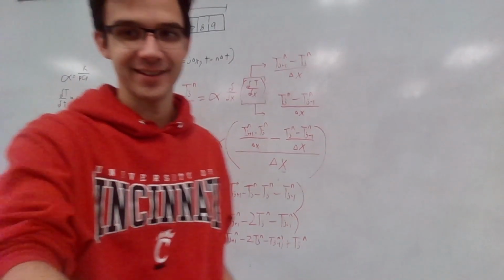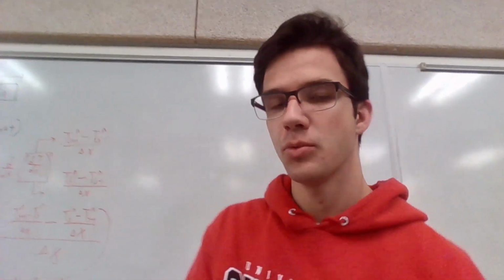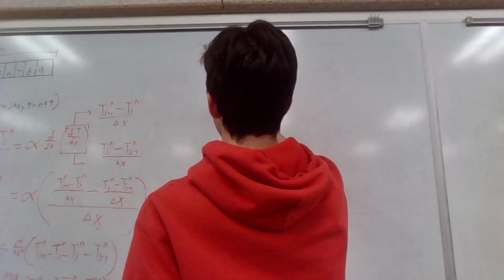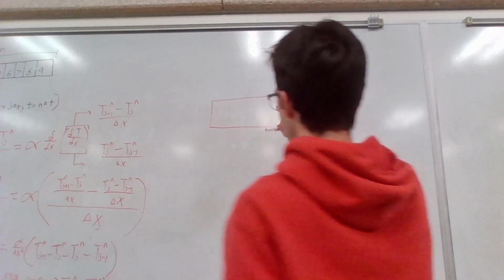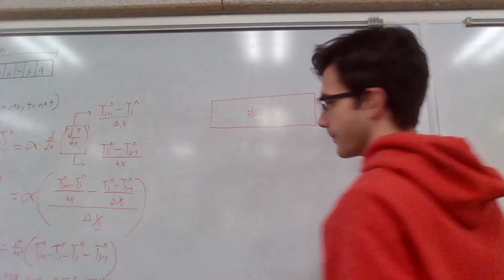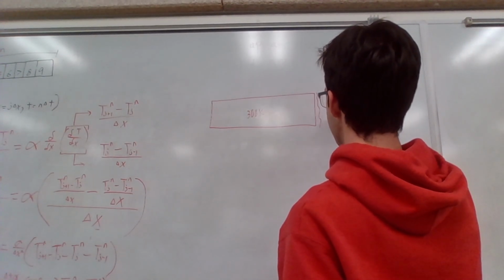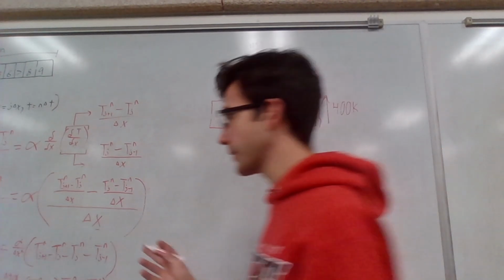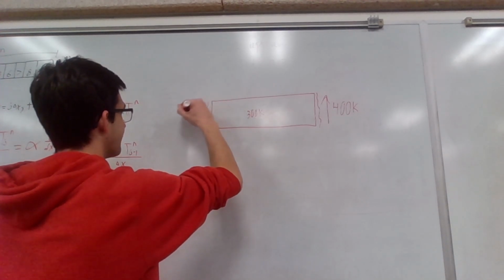Before I go to the coding element, I wanted to draw out one more time the situation we're looking at. We're going to have some bar of material, and for this problem we assume the bar starts at a uniform temperature of 300 Kelvin. We're going to raise the temperature at one side up to 400 Kelvin, and at the other side up to 350 Kelvin.